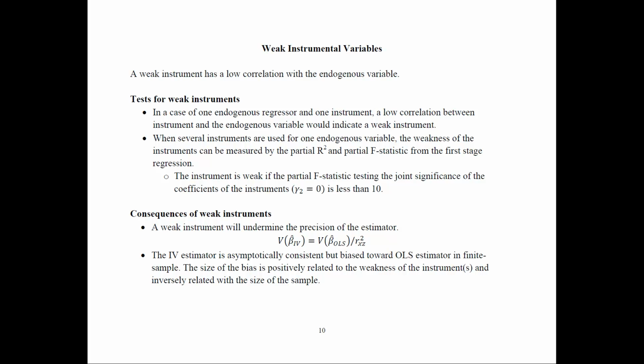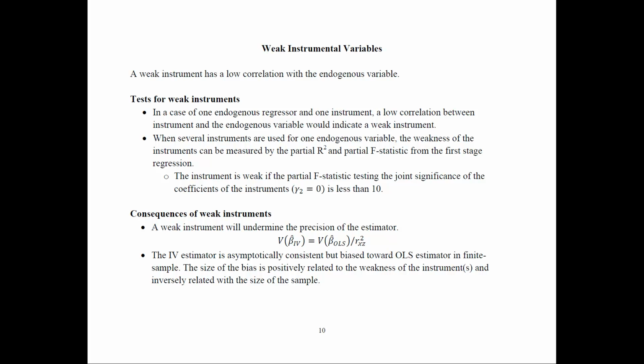So you're looking only at the joint significance of the coefficients on the instruments. And the instrument would be weak if that partial F statistic testing the joint significance of the coefficients of the instruments, or gamma 2 equals 0, is less than 10.